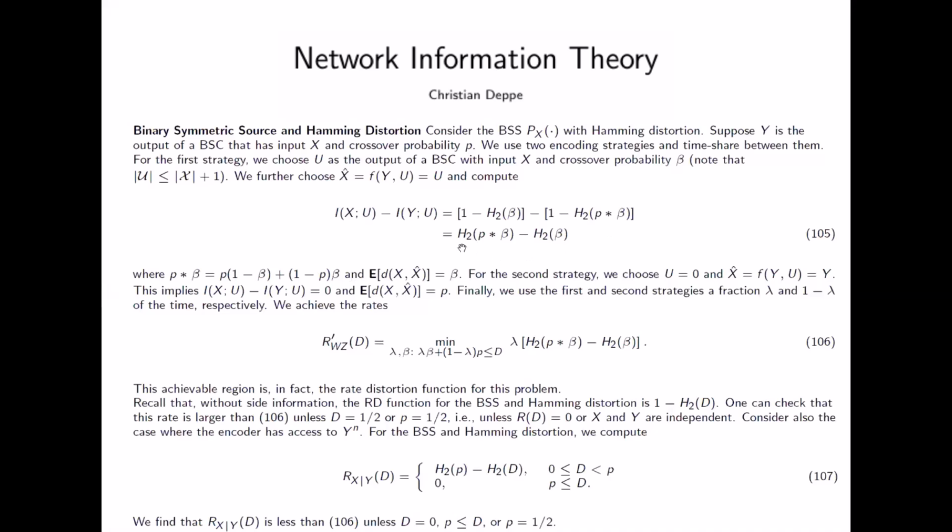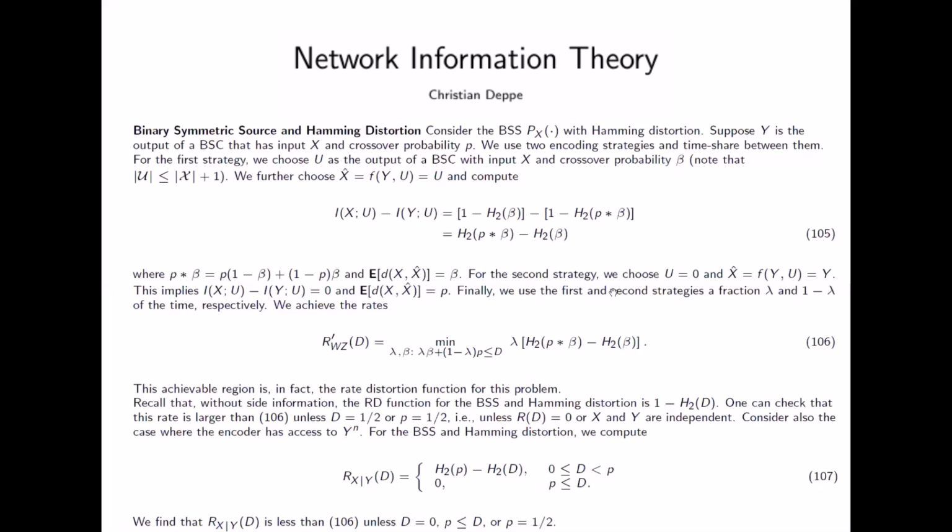So we can write this as the binary entropy of P star beta minus the binary entropy of beta. And the expected distortion of X and X hat is equal to beta because we choose X hat equal U.